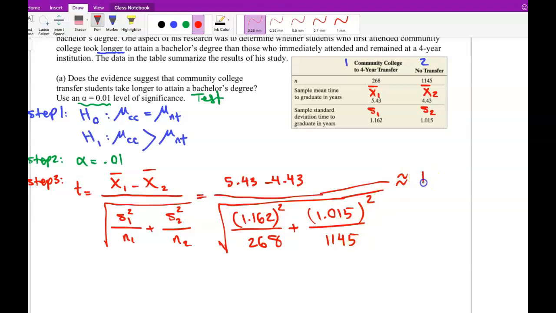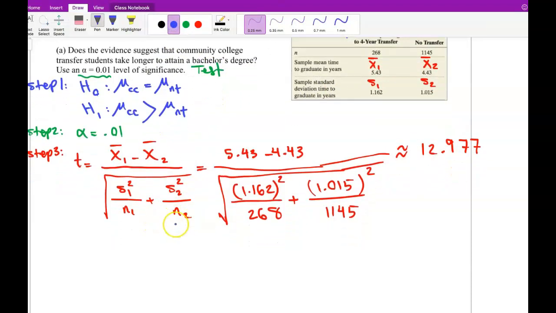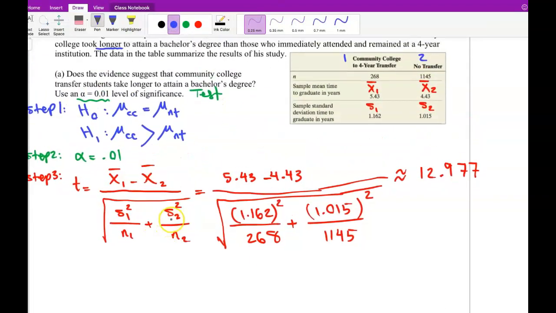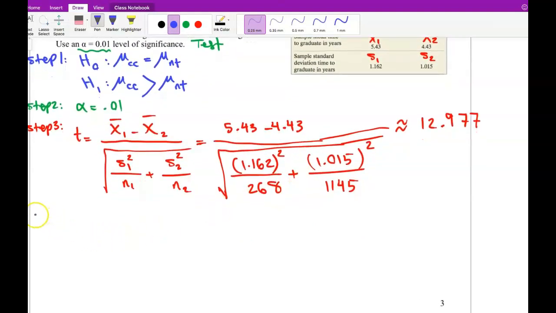Running it gives 12.977. Here again I want to mention that we should use the smaller sample size to find the degree of freedom. So the degree of freedom is 268 minus 1, which is 267.